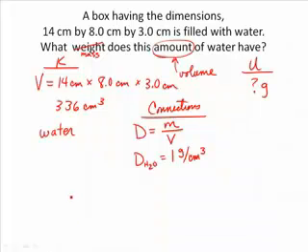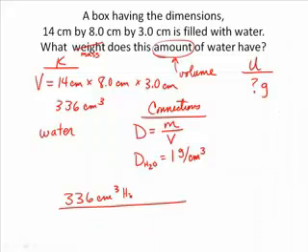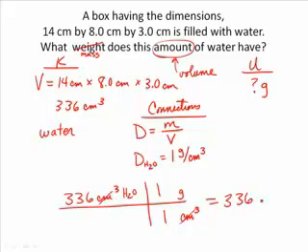So 336 cubic centimeters, that's our starting value, and that is of water. And I want to go from cubic centimeters to grams, and so my density says that 1 cubic centimeter is 1 gram, which means that 336 grams is the mass of that amount of water.